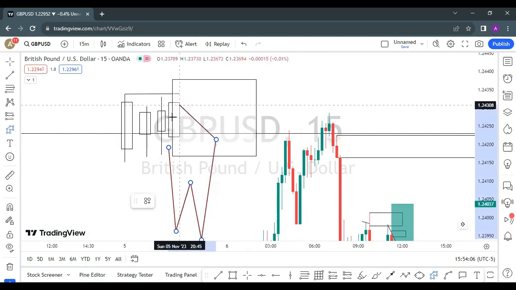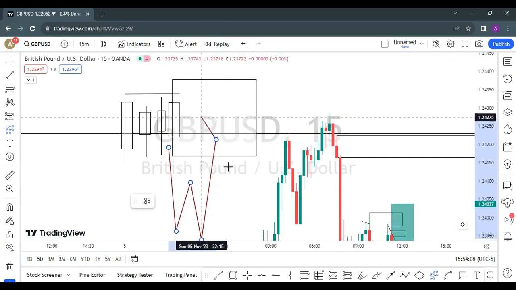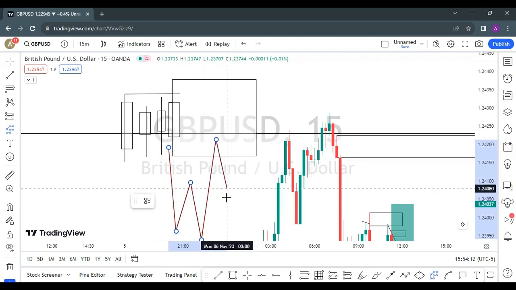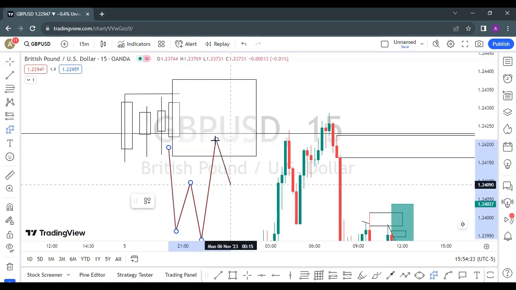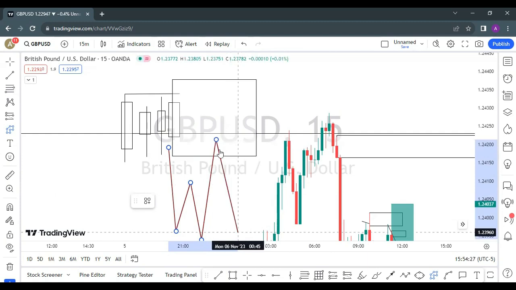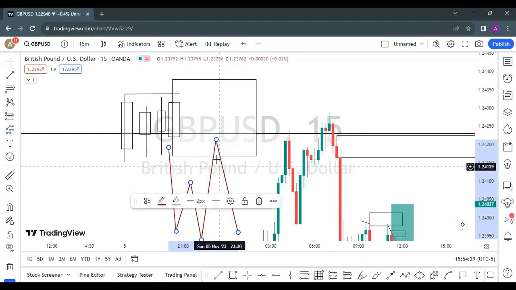If it is a higher time frame IDM, then you can wait for a change of character on the lower time frame and see if it will also give you a single candle order block before you make your entry. If it will give you a normal order block, then you have to look for an IDM before you make your entry. So that will become a CHoCH with IDM.